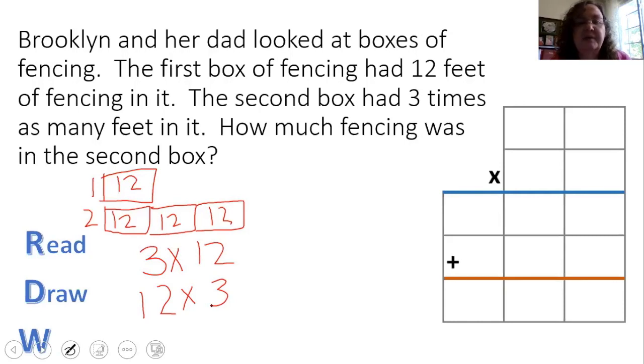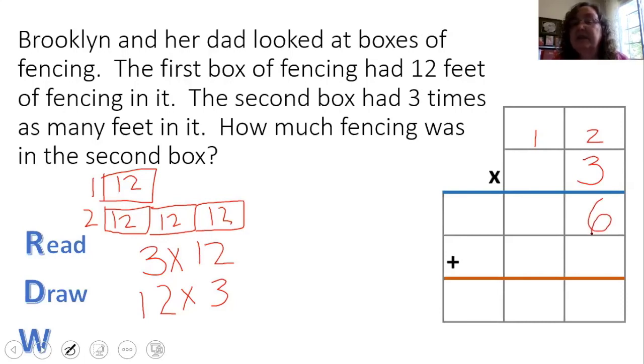So I would have put my numbers in their place value, and I have 12, 1 ten, 2 ones, times 3. So help me multiply. 3 times 2 is 6. Beautiful.